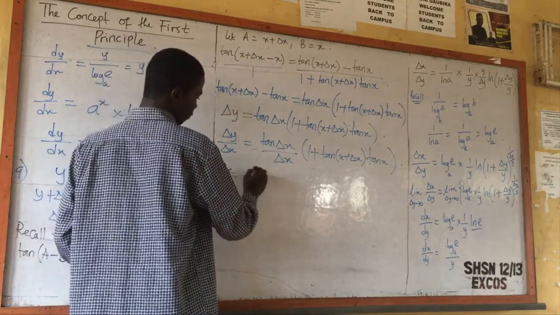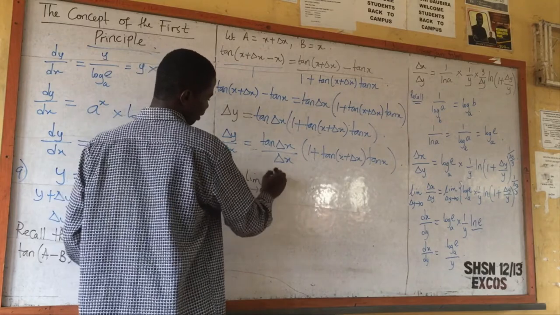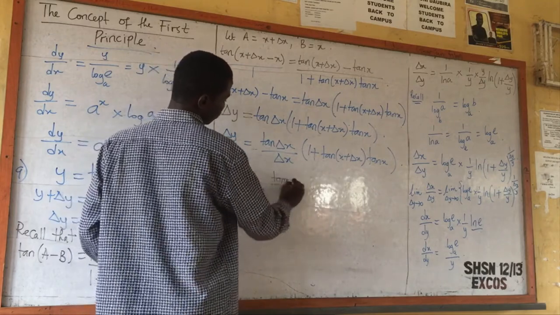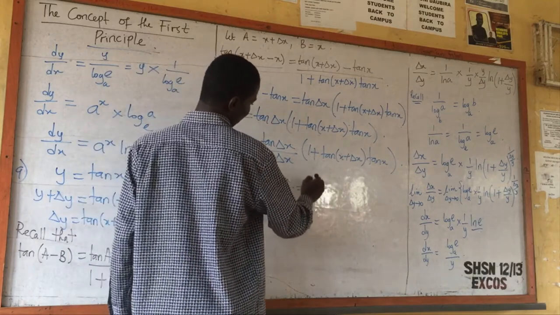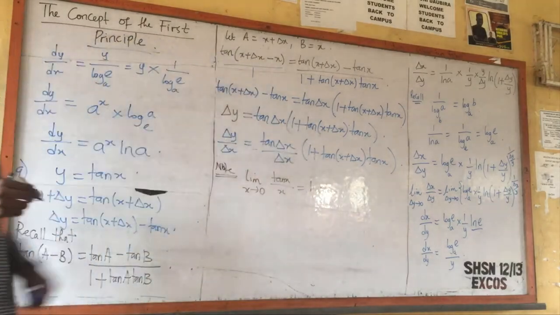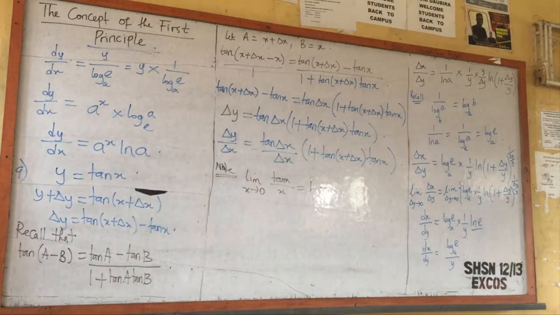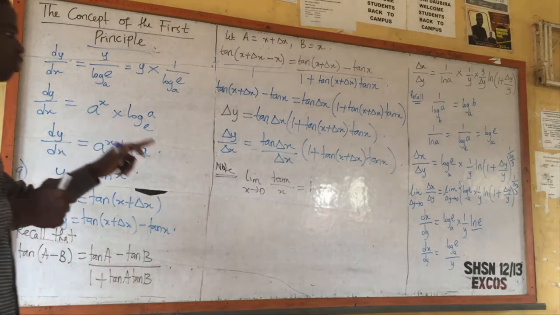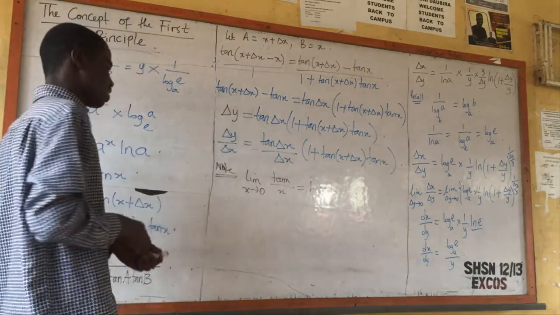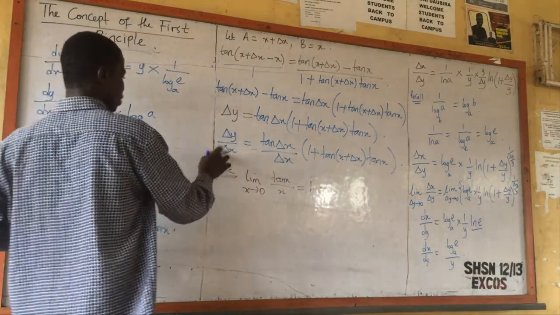You need to know that the limit as S goes to 0 of tan S over S is also 1. So take the limit of both sides as delta S goes to 0.